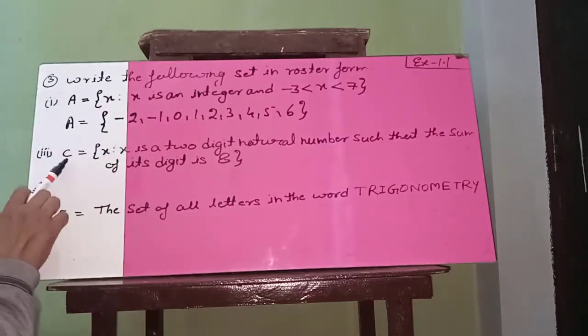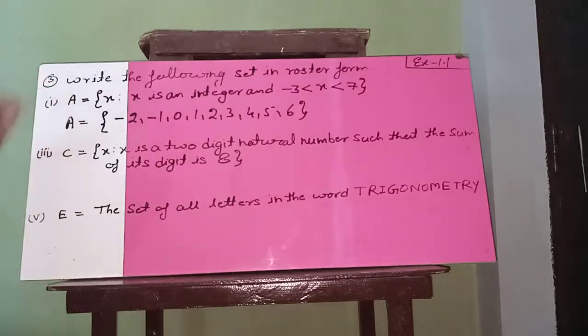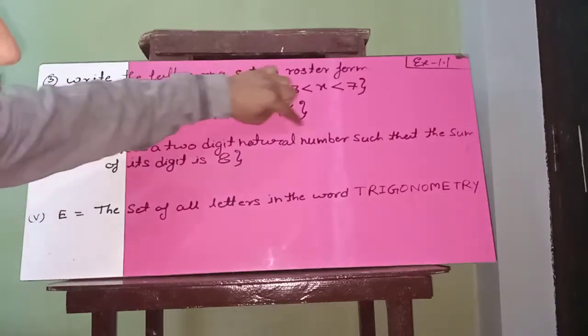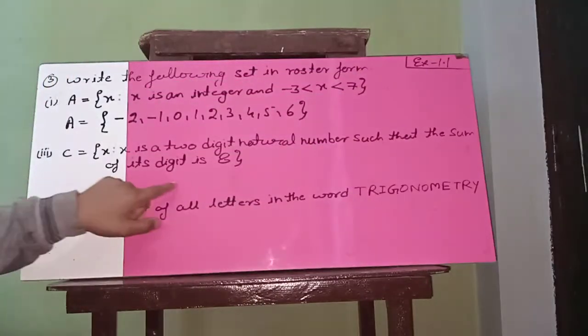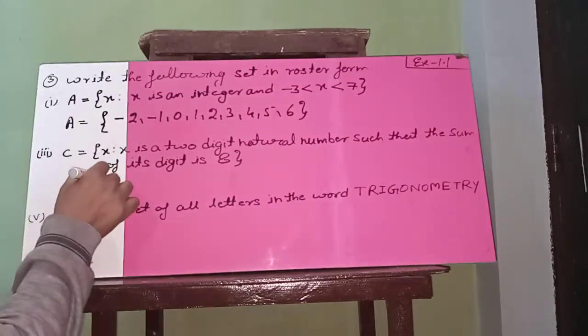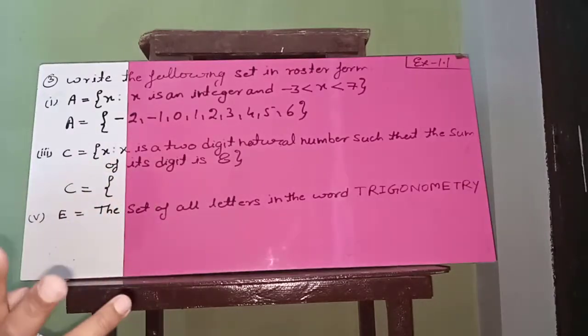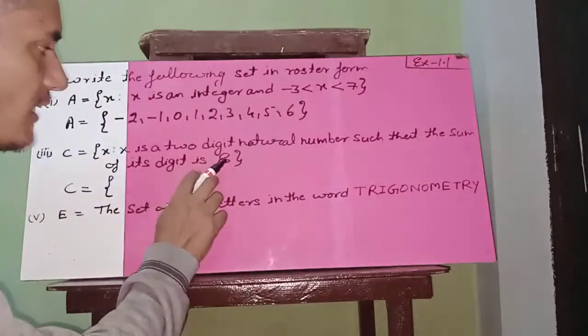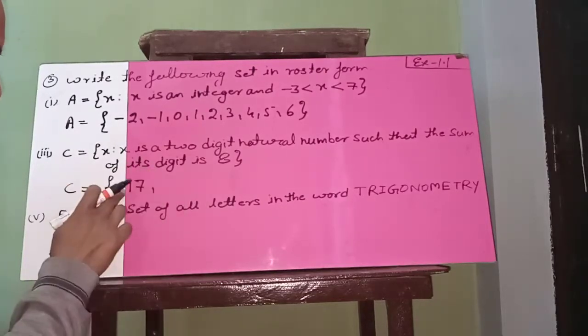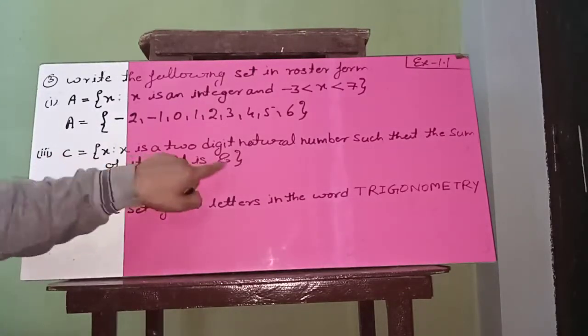So now I take question number third, part C, that is set C. So what is set C? In set C the element x such that x is a two digit natural number such that the sum of its digits is 8. So for making the roster form of set C you take two digit numbers whose sum is 8. So at first you take 17, because the digit sum 1 plus 7 is 8.